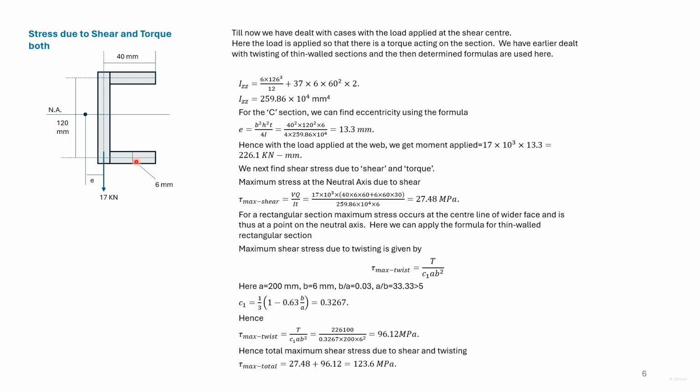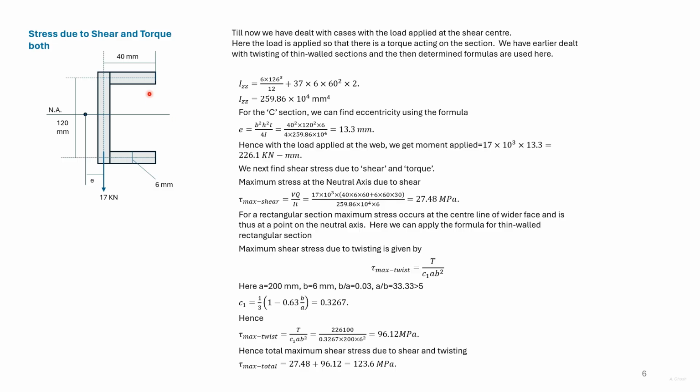For this section, this distance is given by this formula. So we have found out the distance. So the torque applied in the section would be this 17 kilonewton multiplied by e. So we get this as the torque.